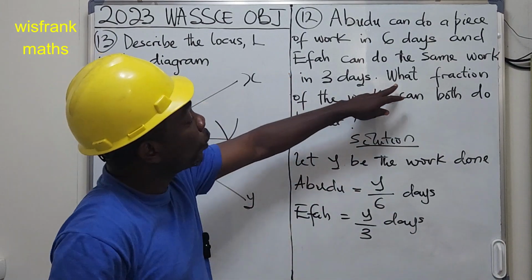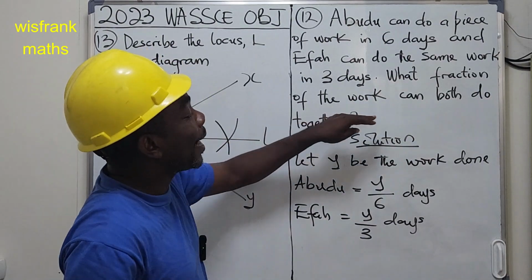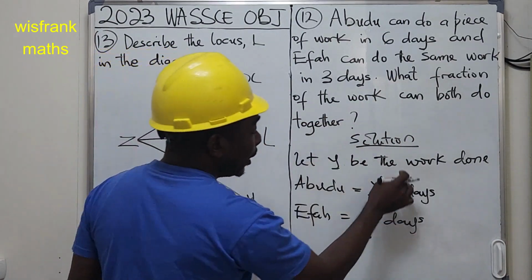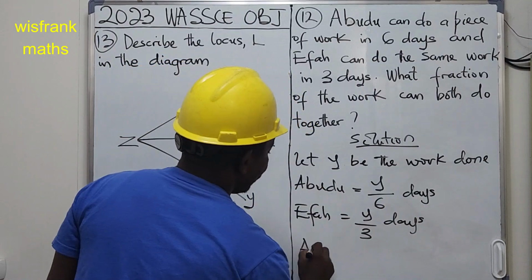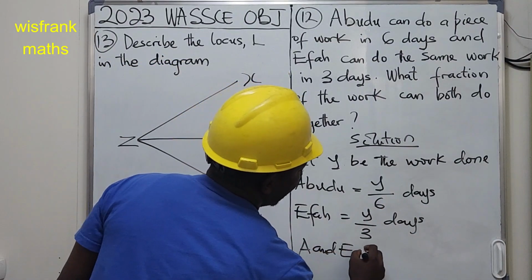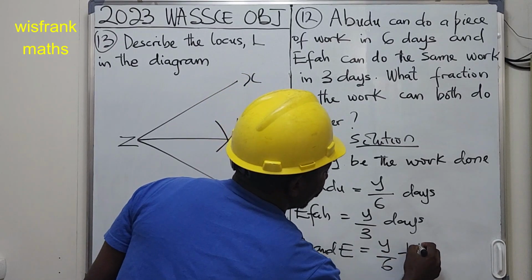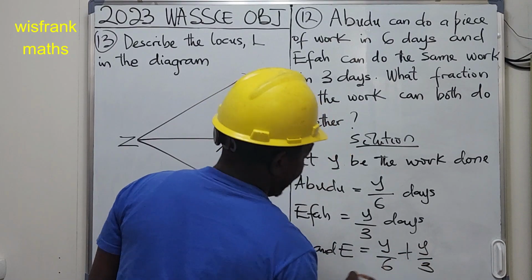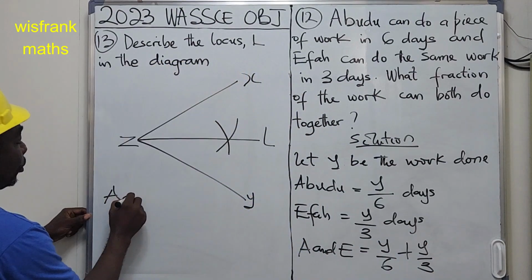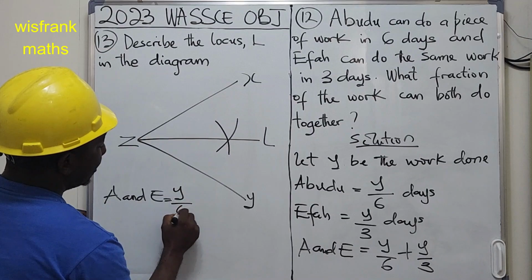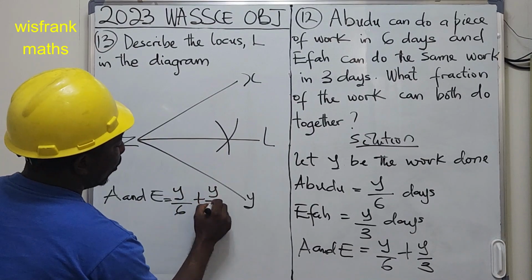The question says what fraction of the work can both do together? So we add the work that they do together. Abudu and Efa together do y over 6 plus y over 3.